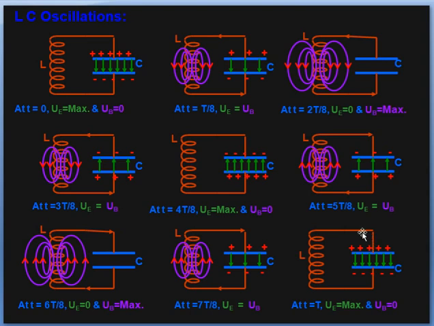When the current starts flowing in this direction, the inductor by its nature opposes it, and then when the current is in the reverse direction, the opposition will again be in the reverse direction. So opposition is continuously going on, and the capacitor still remains charged.